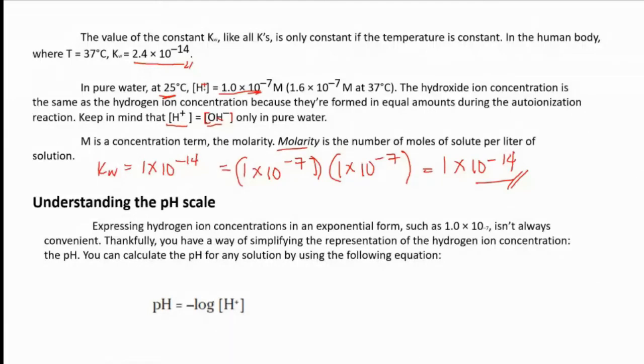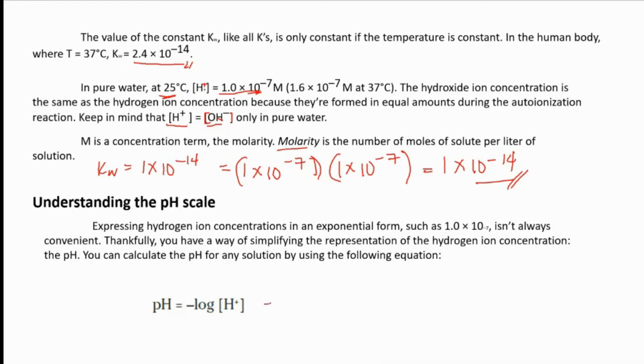Okay? So, actually, hindi convenient yung puro exponent, no? Or the exponential form. So, usually, we have a simplified way, which is the pH. So, the pH, the formula is the negative log of the concentration of your hydrogen ions. Ganyan.